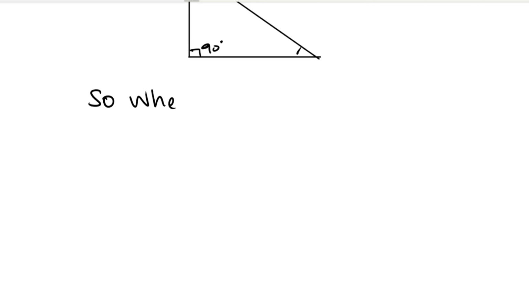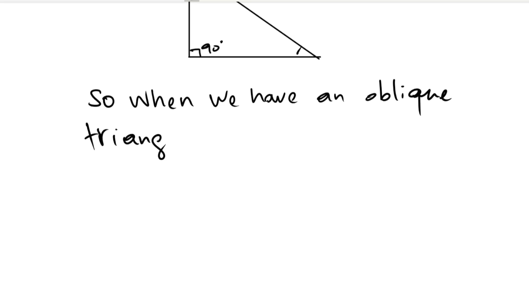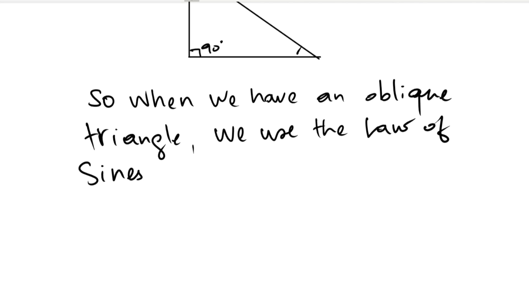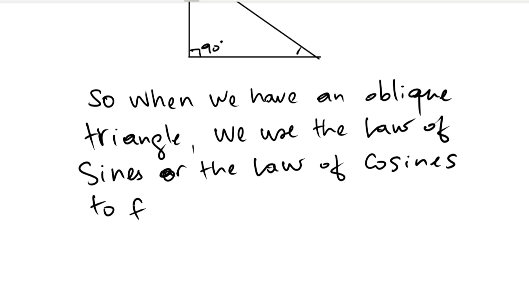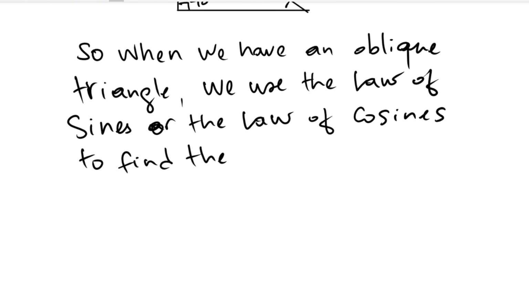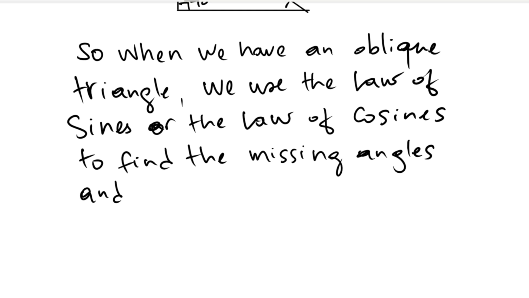So when we have an oblique triangle, we use the law of sine or the law of cosine to find the missing angles and the missing sides.